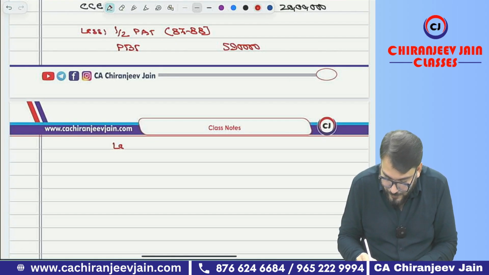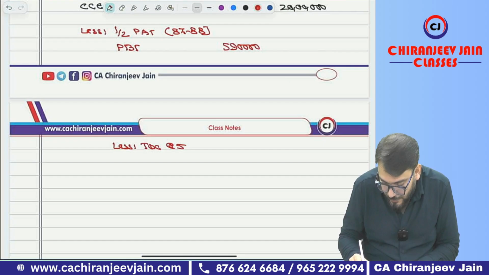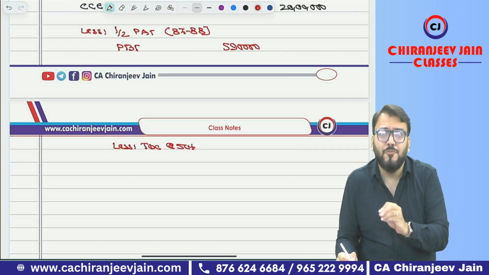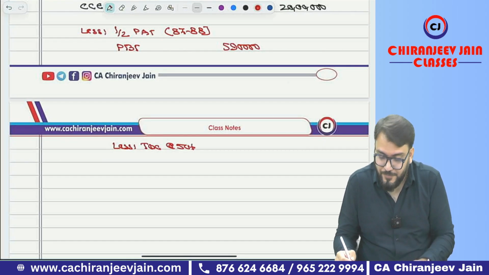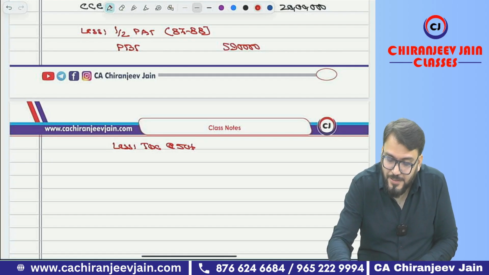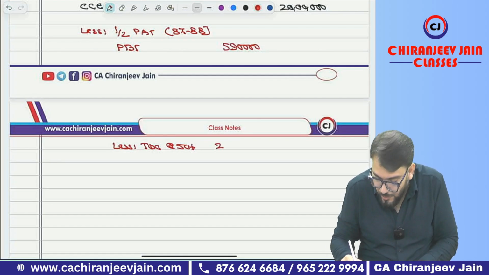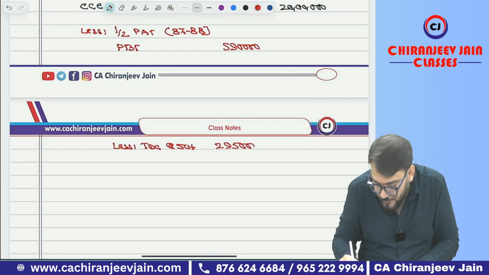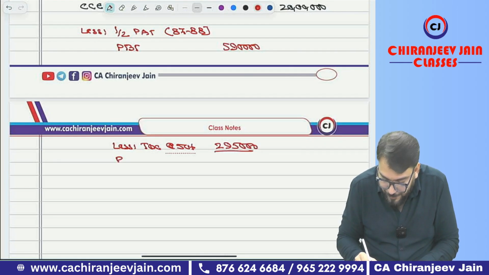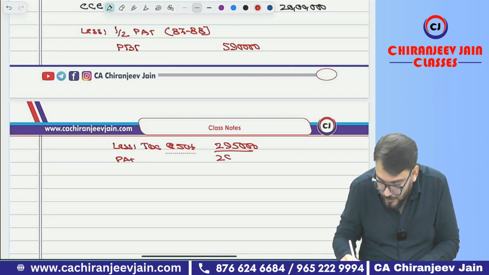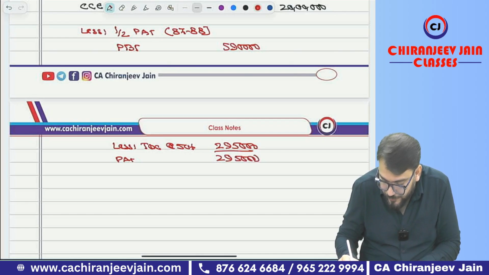Less tax at 50%, because nothing has been given, we'll assume the future year and past year tax rate is the same. So 5 lakh 90 divided by 2 is 2 lakh 95,000. So PAT becomes 2 lakh 95,000.